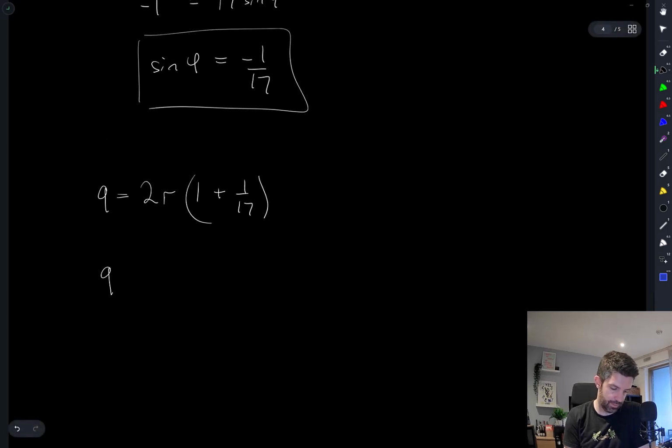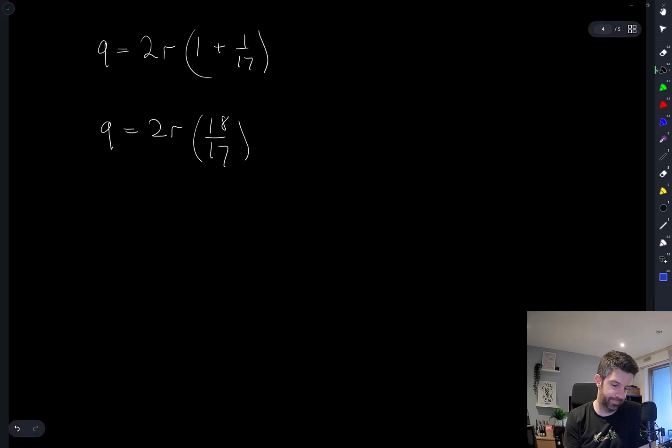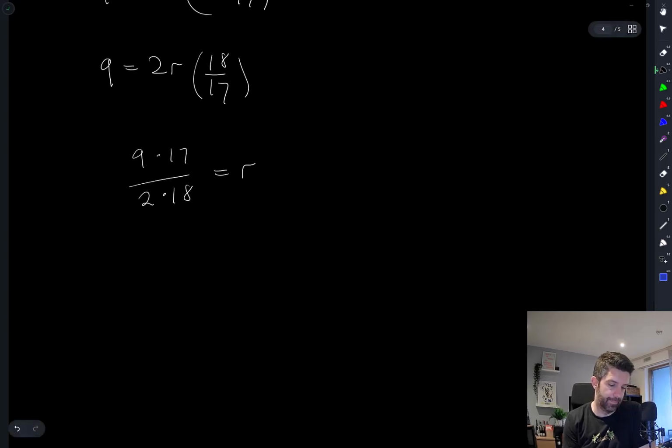So I have 9 is equal to 2r times 18 over 17. 9 times 17 divided by 2 times 18 is equal to r. 17 over 2 times 2.